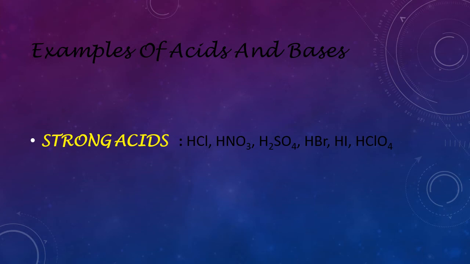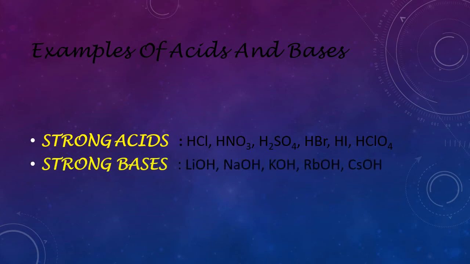So I am repeating again that the compounds that will give upon dissociation one proton or one hydrogen are known as monoprotic, whereas the compounds that give more than one hydrogen are known as polyprotic.